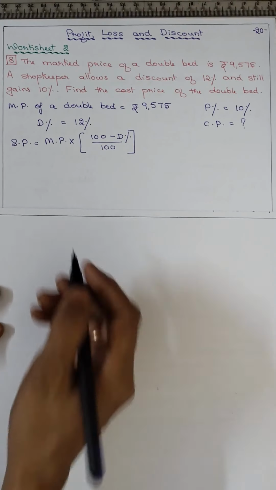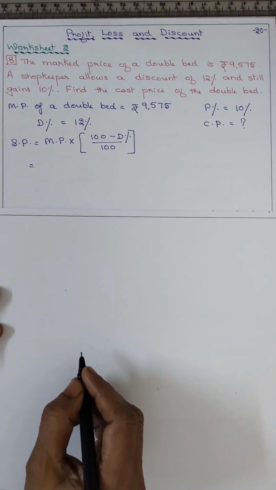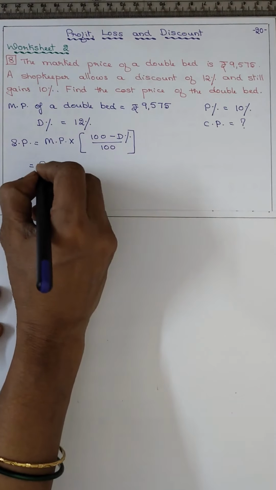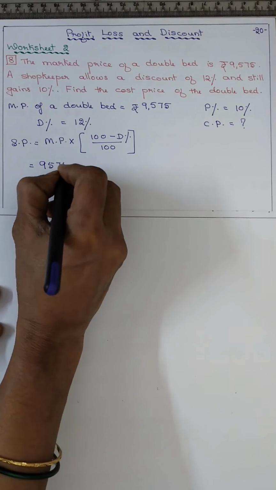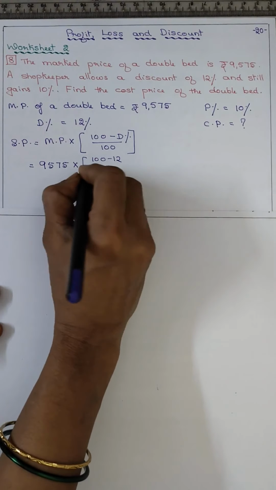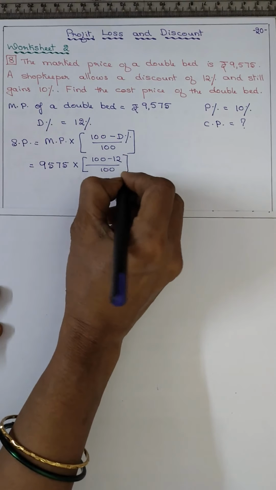I think you are now confident with the formulas, isn't it? So, 9575 into (100 minus 12) upon 100.